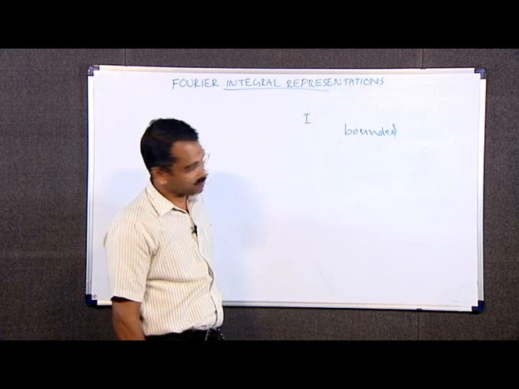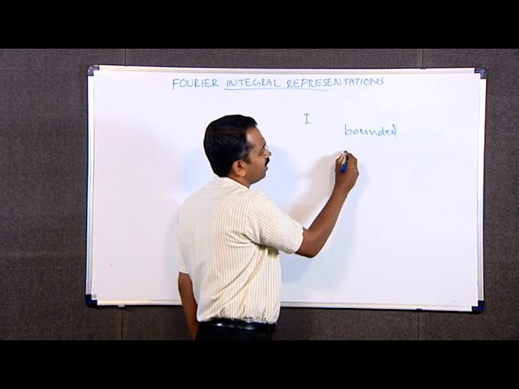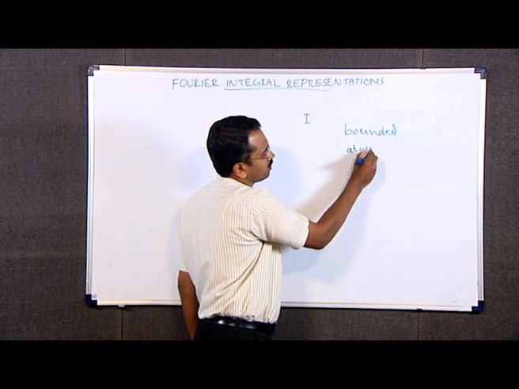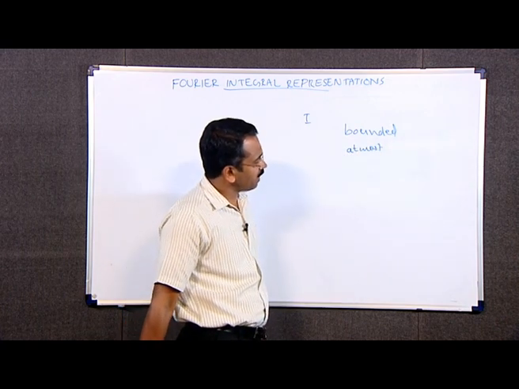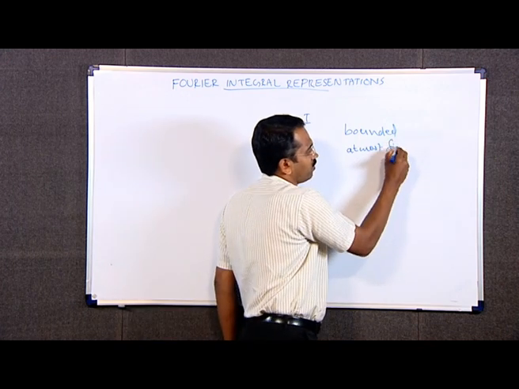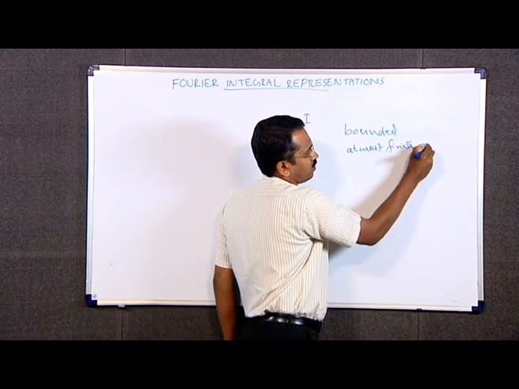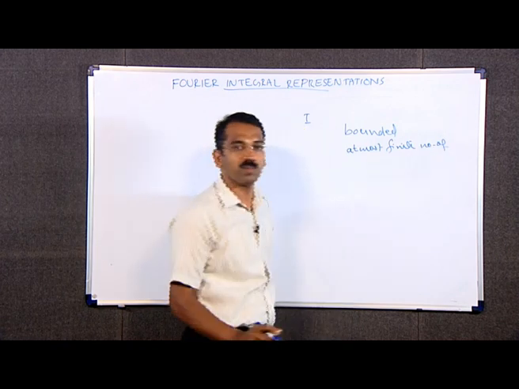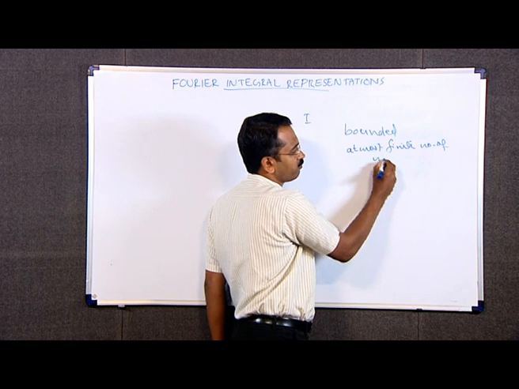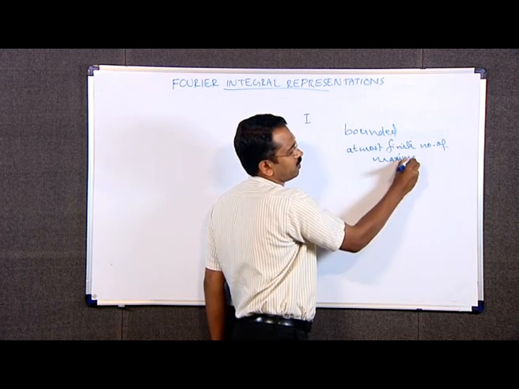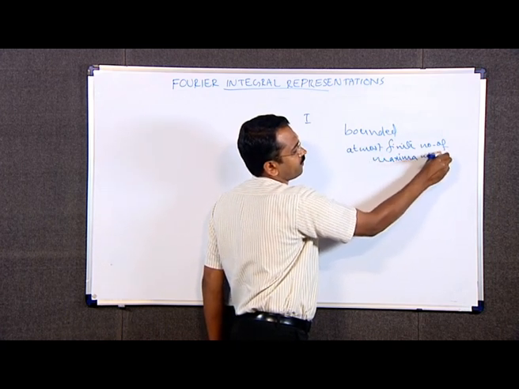The second one is that the function has at most a finite number of maxima and minima.